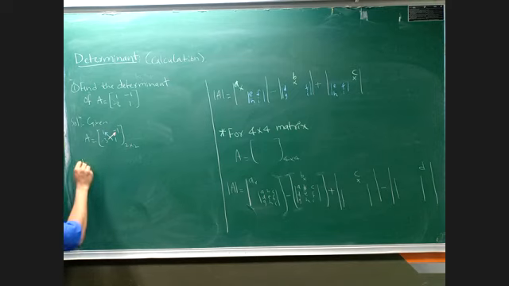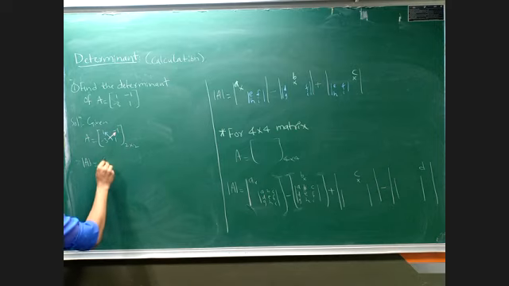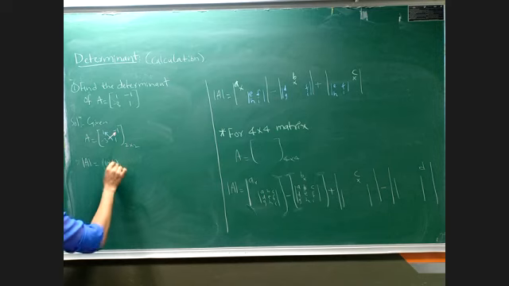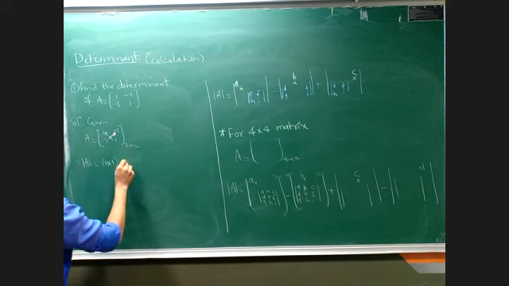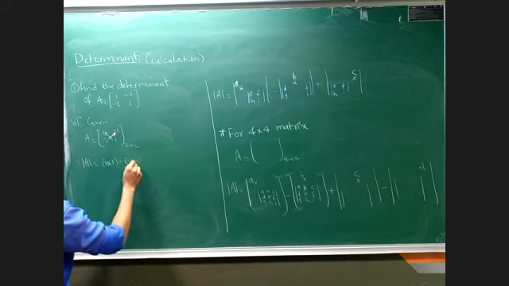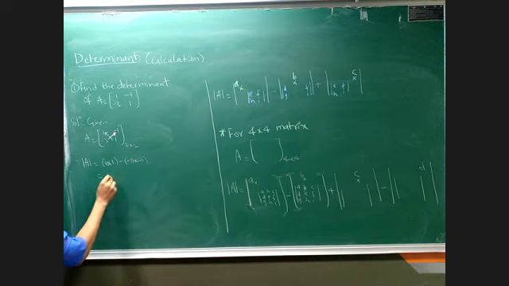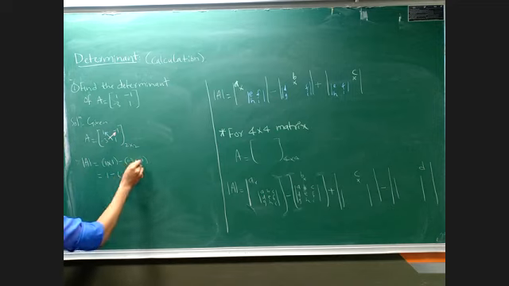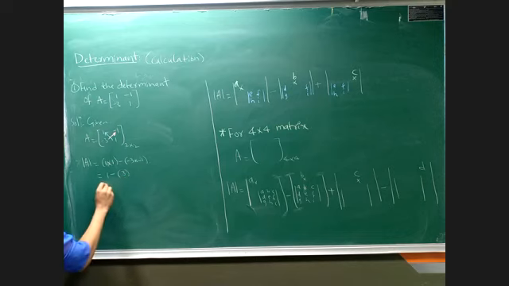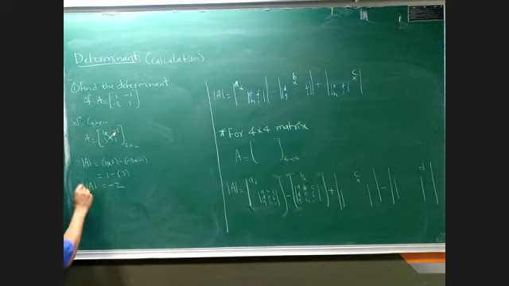Okay, so the determinant of A is 1 into 1 minus 3 into minus 1. So 1 into 1 will be 1, minus 3 into minus 1 will be 3. So 1 minus 3 will be minus 2. The determinant of A is minus 2.